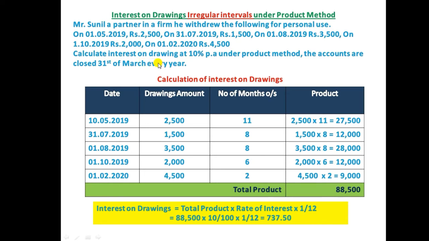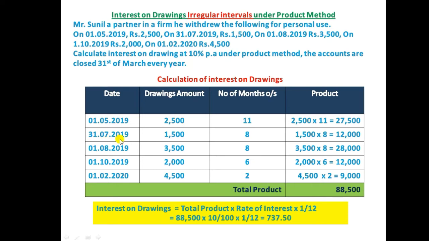So now we need to calculate interest on drawings of Mr. Sunil. We should make a table for calculation of interest on drawings: date column, drawings amount column, number of months outstanding column, as well as product column. In the date column and drawings amount column, we should write the date and drawings as per the question. The question already gives the date 1/5/2019 and the amount 2500.